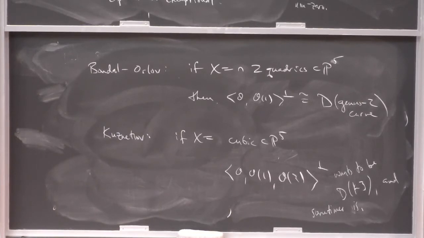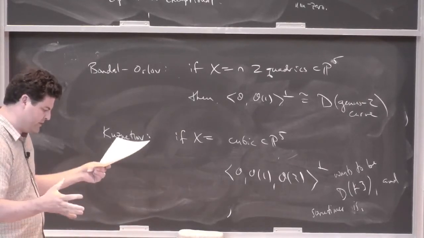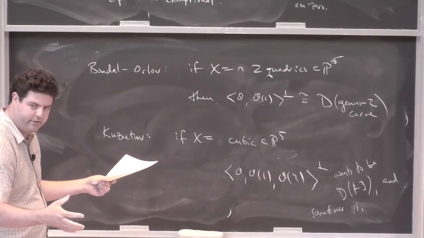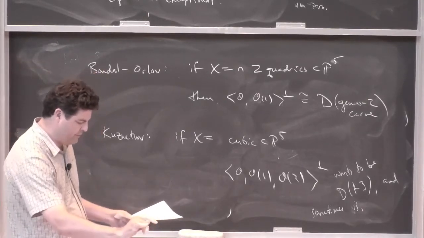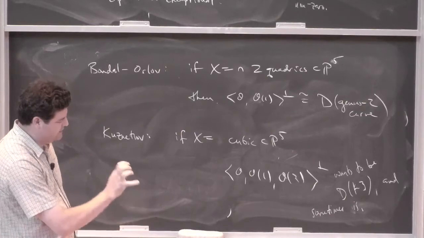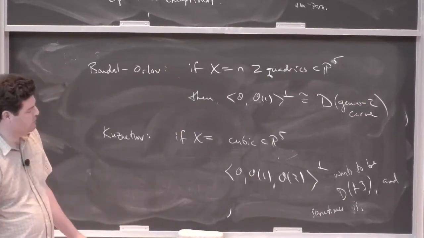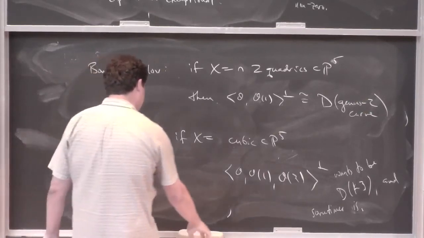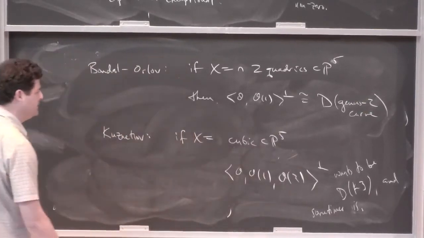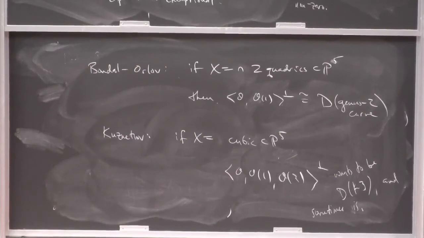But even for just a cubic surface, a cubic surface is the blow up of the plane at 6 points, right? And so you already have an exceptional collection with those 3 line bundles from the plane and six things from the exceptional curves. So you could think about that example. Maybe I'll write it.